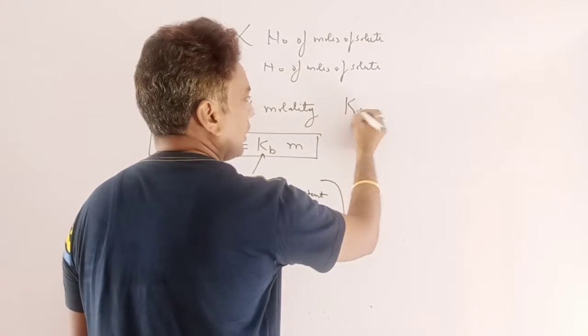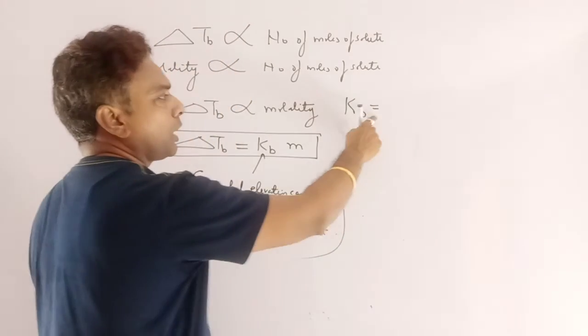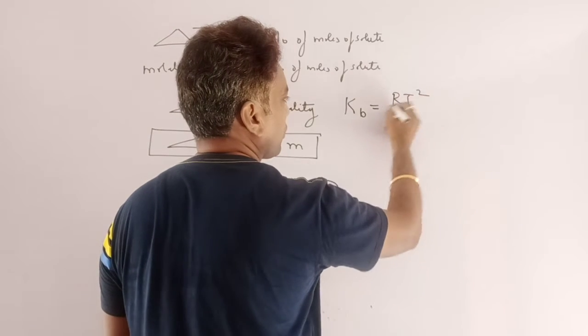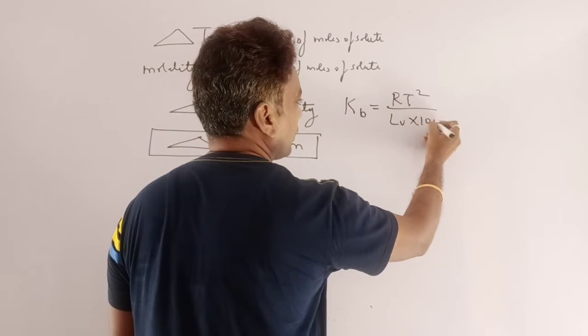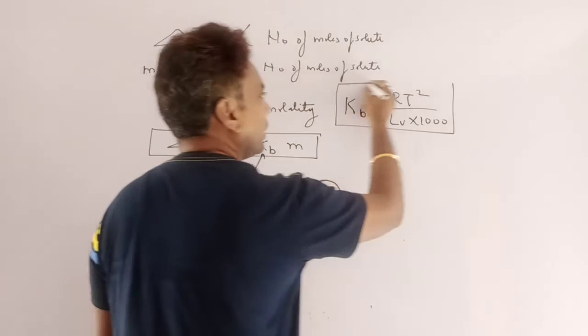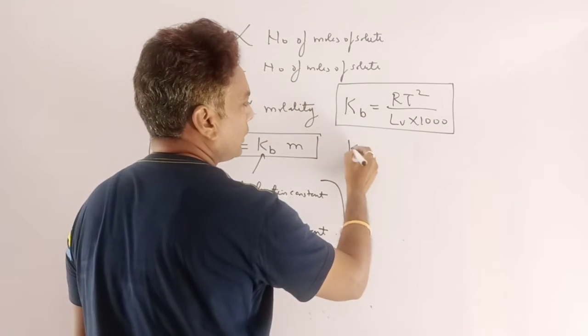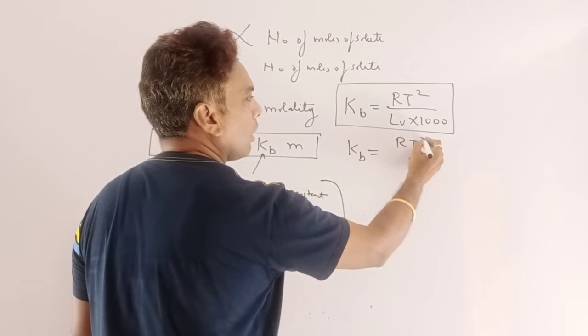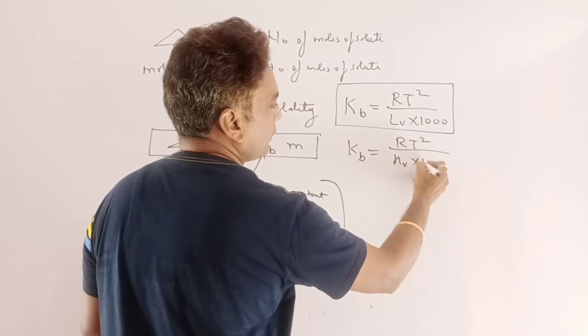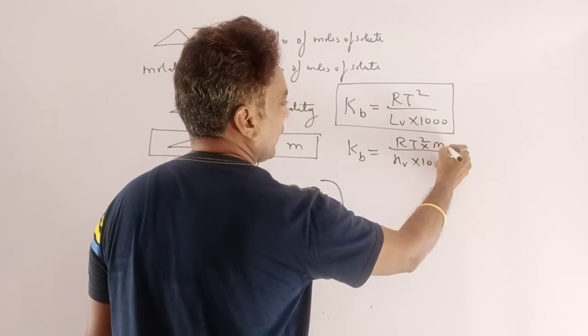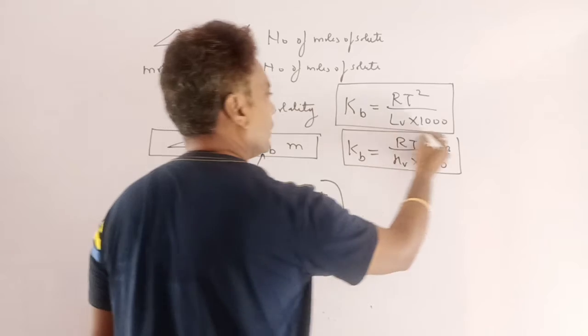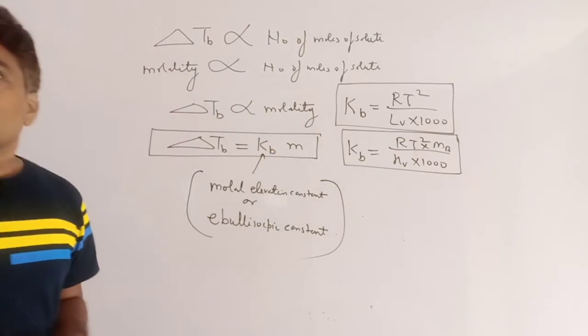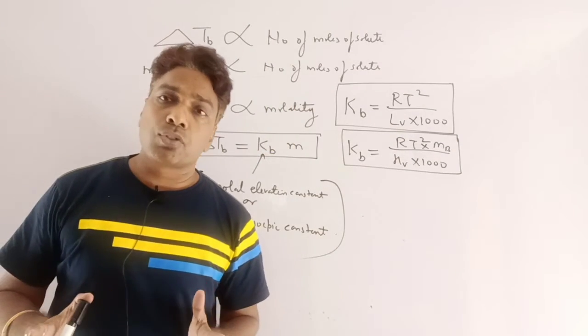Kb can be calculated by using the formula Kb is equal to RT square upon LV into 1000, or in terms of enthalpy of vaporization, Kb is equal to RT square upon HV into 1000 multiplied by MB, the molecular weight of the solvent. So Kb depends upon the nature of the solvent.